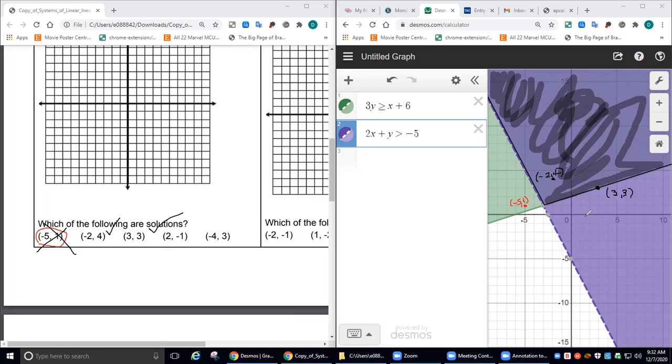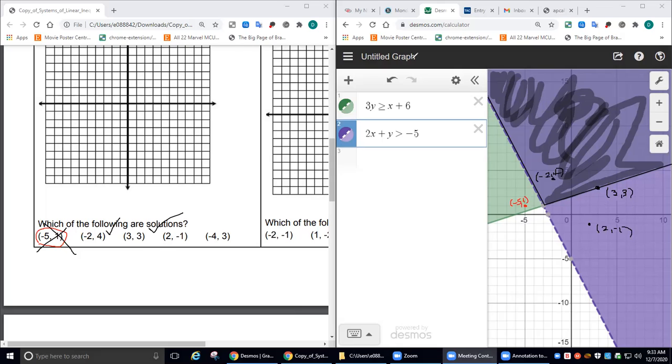Next one, (2, -1). So 1, 2, down -1. (2, -1). Is that a solution? Okay. Now this is the tricky one, guys.